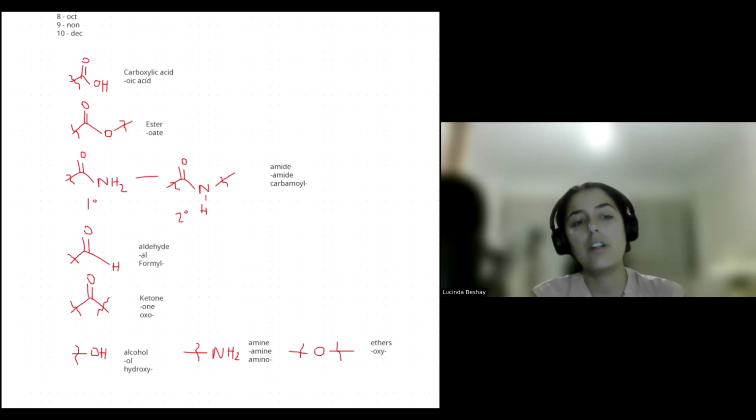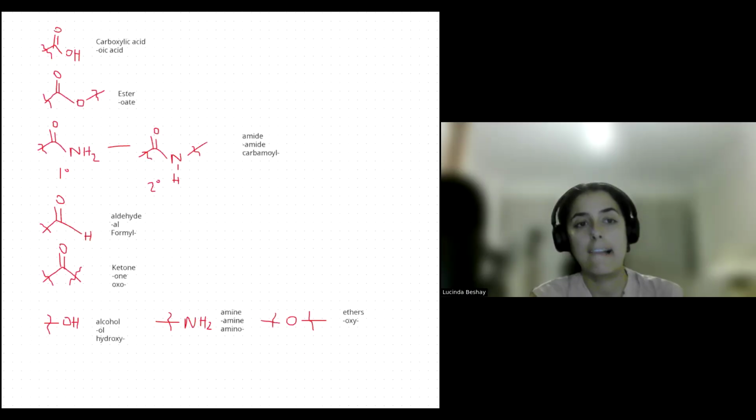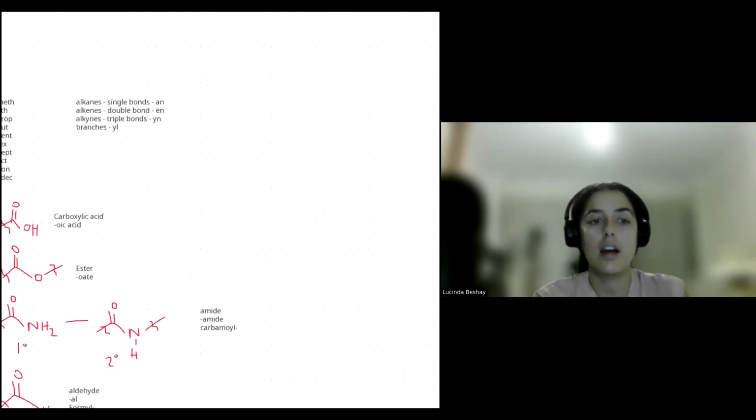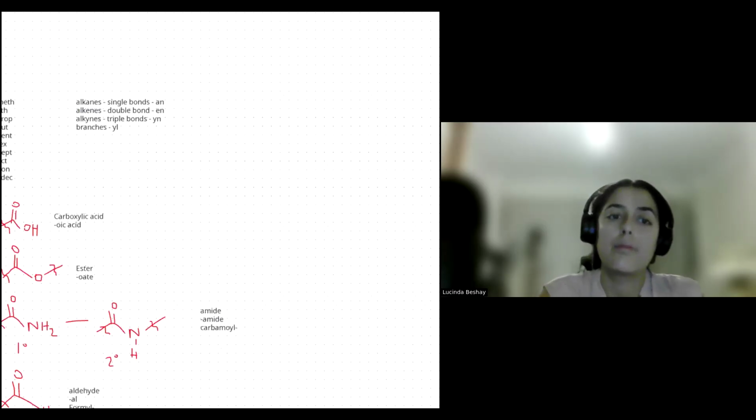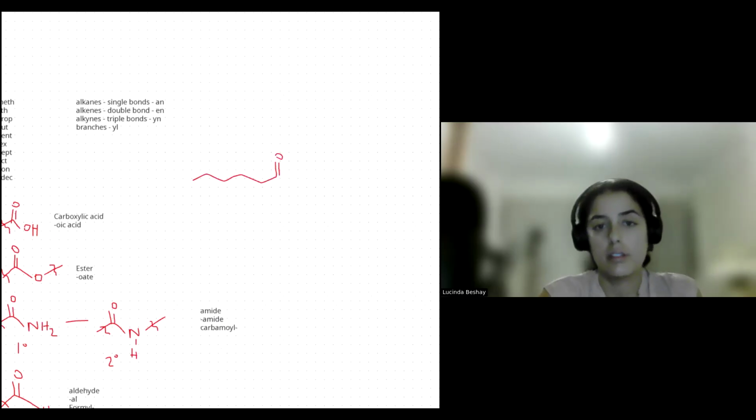Now, I do want to do an example of naming esters, an example of naming ethers, and esters, they're pretty much the same as amides. So I shouldn't have to dive deep into those. So naming esters. So let's say I gave you this ester right here, over here.